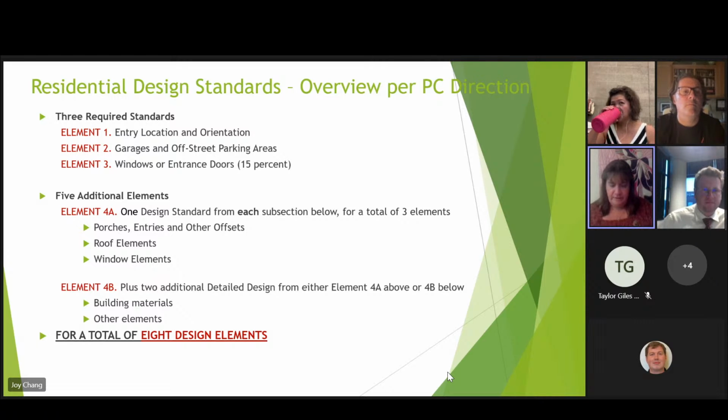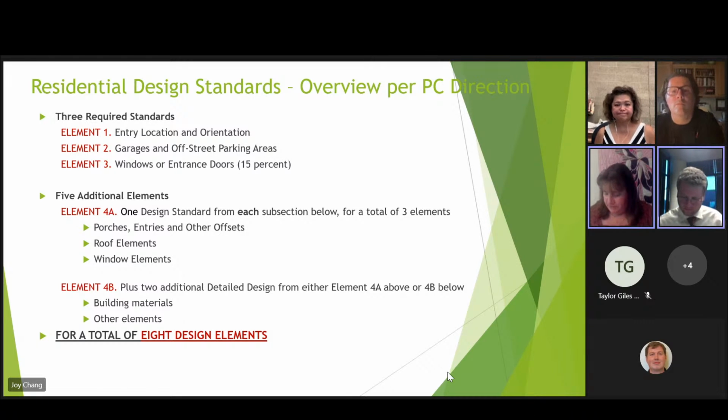Did anybody have any comments or questions in that little section about what was going to be required, how staff would use that criteria, or any concerns? And again, I'm on page 37, or 141.